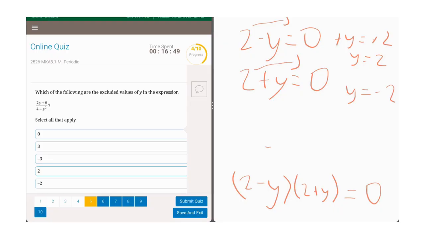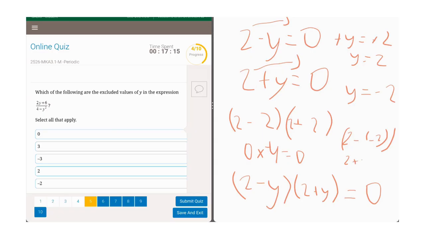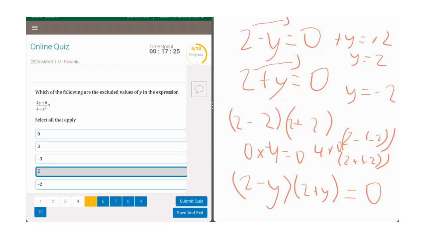We substitute, let's say, 2 in, so we get 2 minus 2 times 2 plus 2. So we get 0 multiplied by 4 equals 0. If we substitute negative 2 in, we get 2 minus negative 2 multiplied by 2 plus negative 2. So we get 4 multiplied by 0, we get 0. So the excluded values of y will be 2 and negative 2.